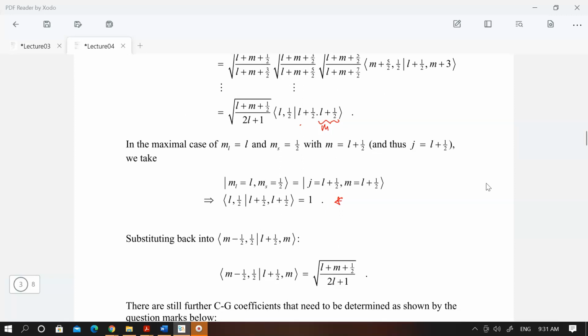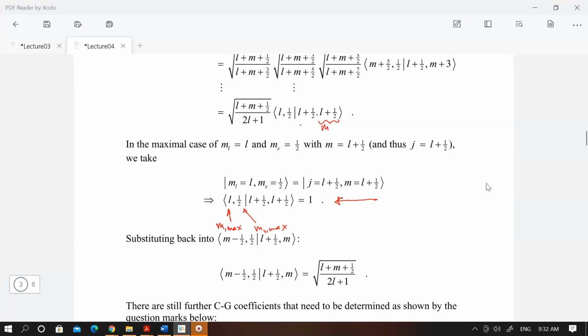So when you fix this normalization condition, this is to be equal to 1 because you have the topmost. So this is an m1 value, m1 maximum. This is an m2 maximum. And this state has to correspond to this state.